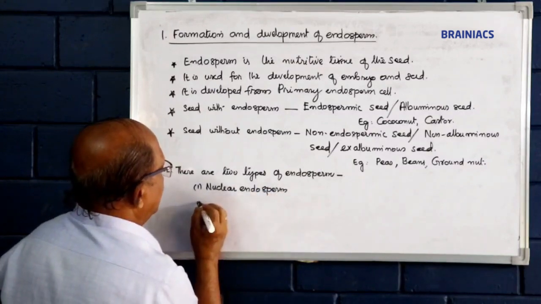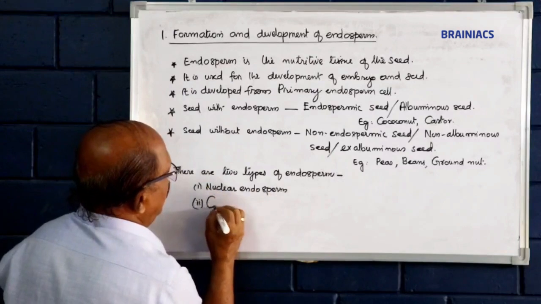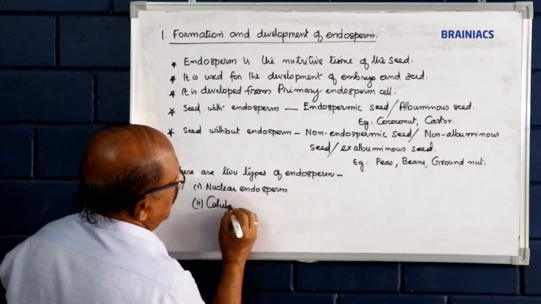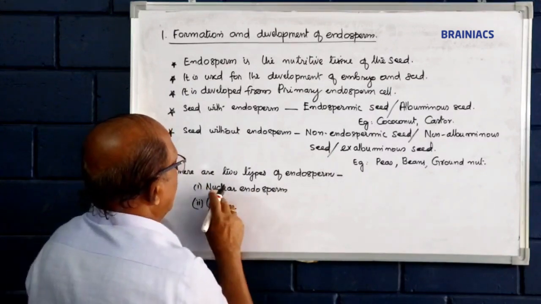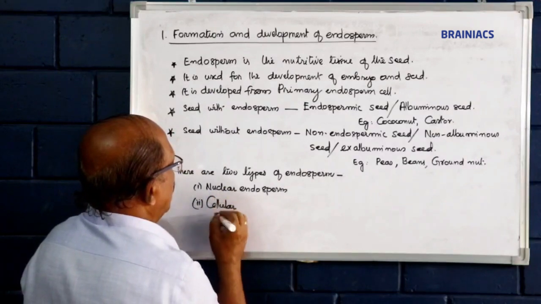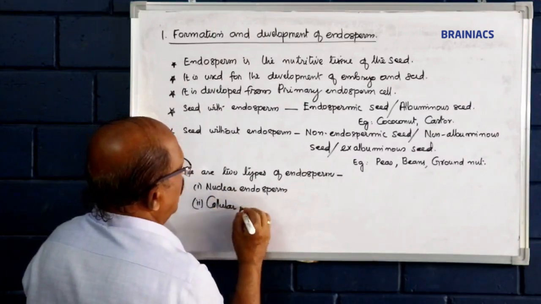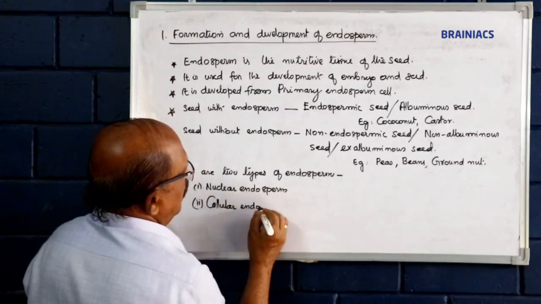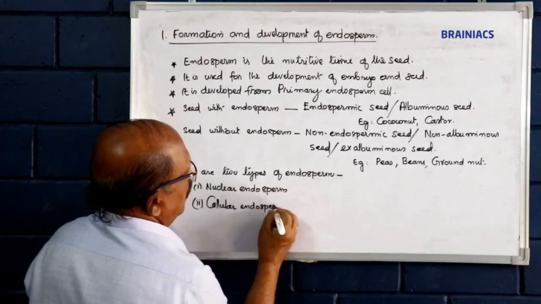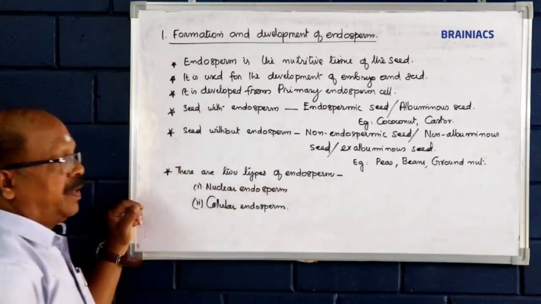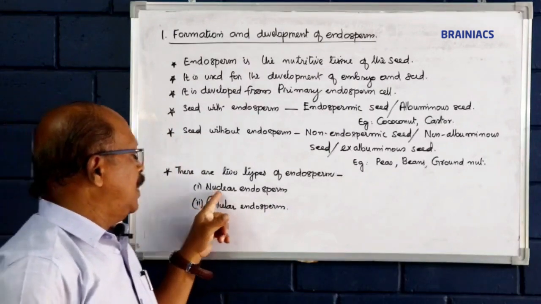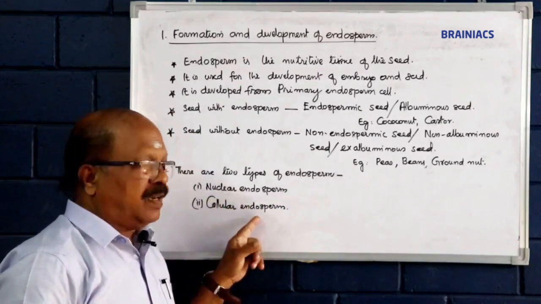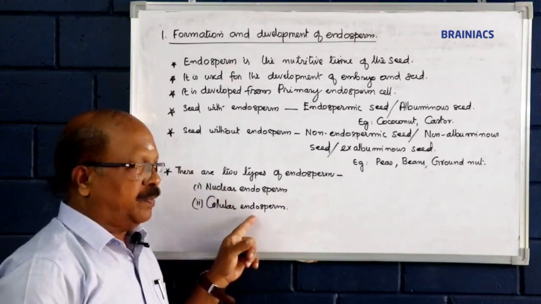Second is cellular endosperm. See, intermediate endosperm is also there. It is not yet given in your textbook.